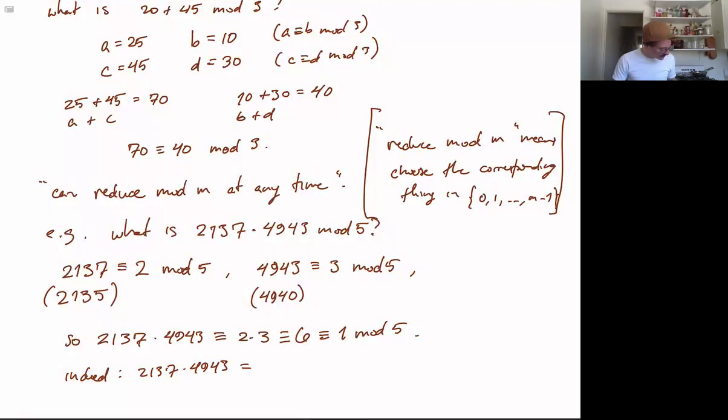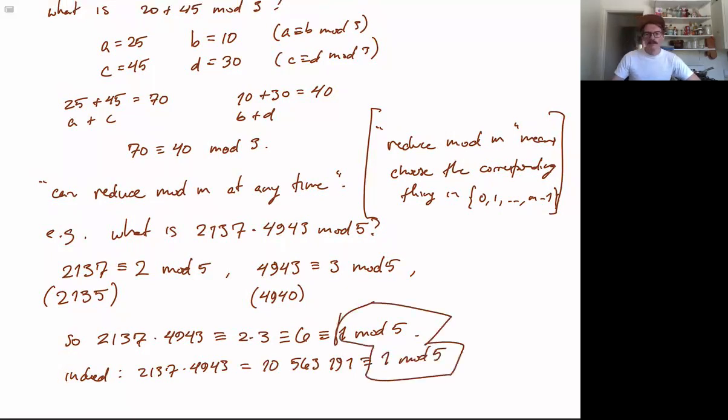It is 10,563,191. And by the same test, we can just look at this last part. The last digit is 1. So that tells us that it is congruent to 1 mod 5. So we got the same answer, just as we expected.